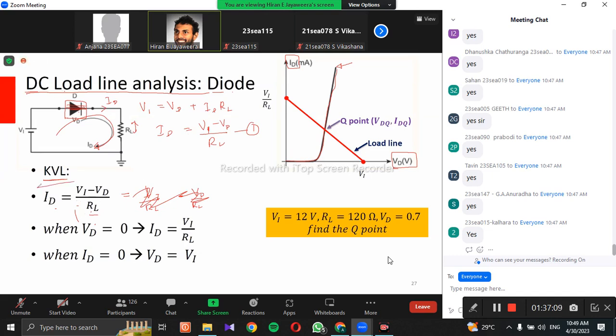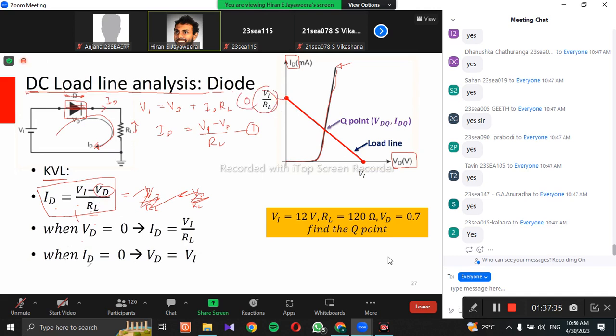So for this particular equation, you can consider what happens when VD equals 0. VD is the voltage across the diode. When VD equals 0, ID equals V1 divided by RL. So that point is 0, comma, this value.